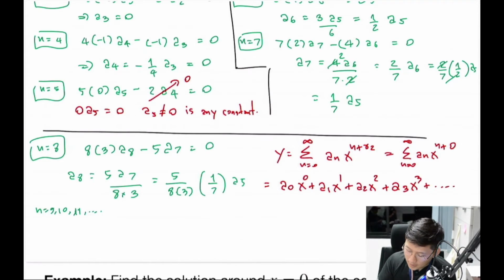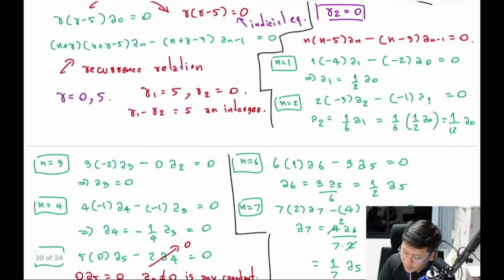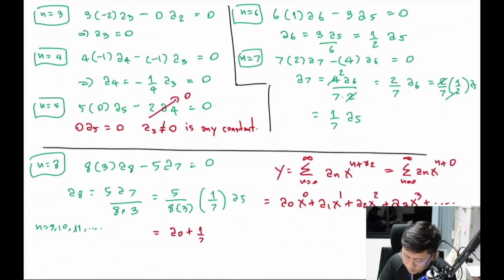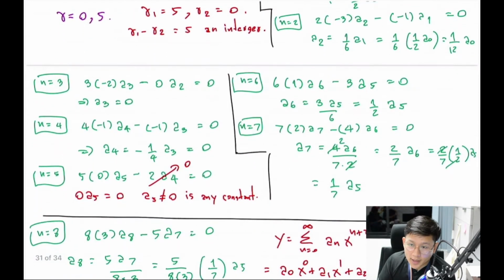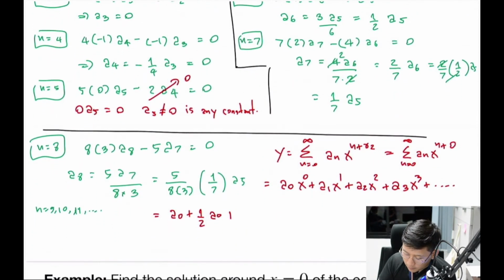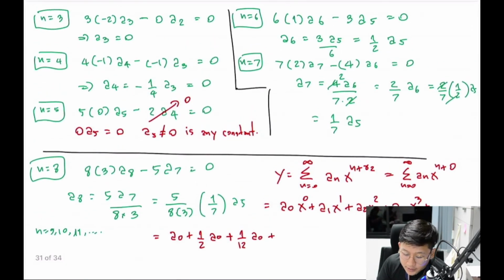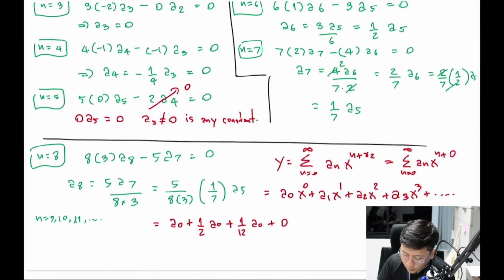Okay, and our a0 is a0. a1 would be 1/2 a0, and a2 would be 1/12 a0, and a3 is actually 0. Okay, and a4 is 0 as well, and then we plus a5, which is a5 x to the 5.